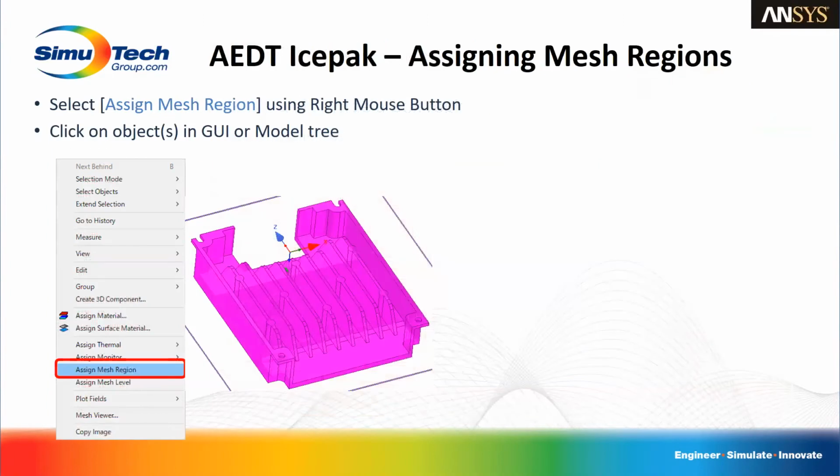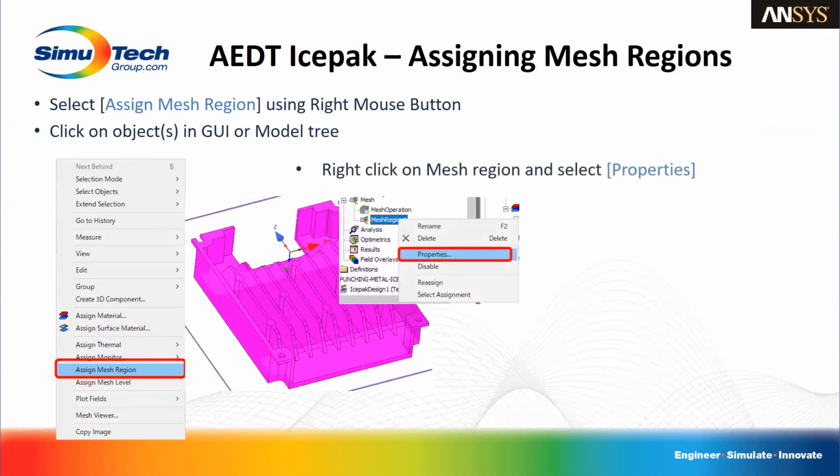Again, this is something that's really easy to do. I'll go over it in the software, but all you do is select the assign mesh region command just by doing a right mouse click within the GUI. You click on the object that you want to apply this mesh region to. There's a bounding box that's going to be put around that.